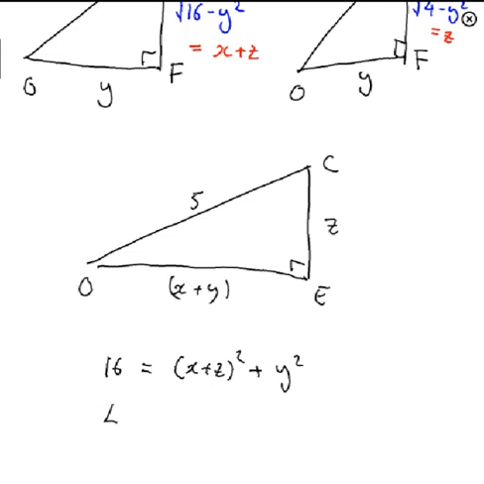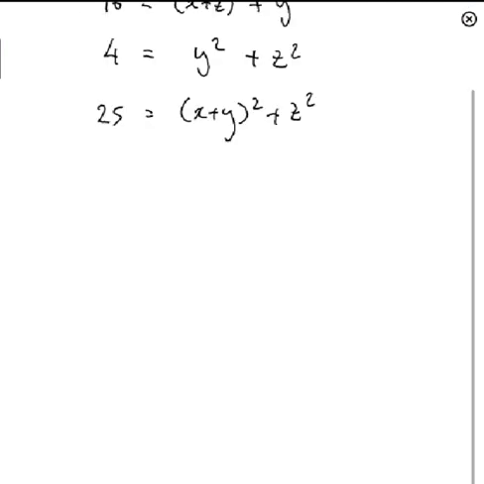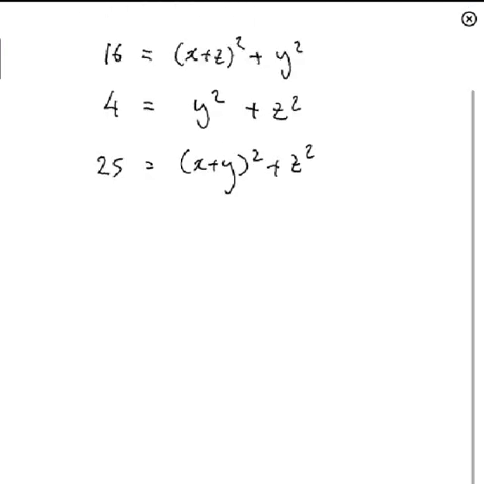We know that 4 is equal to y squared plus z squared. We also know that 25 is equal to x plus y squared plus z squared. Okay, so let's just do a little bit of rearrangement and simplification. So those are our 3 equations.